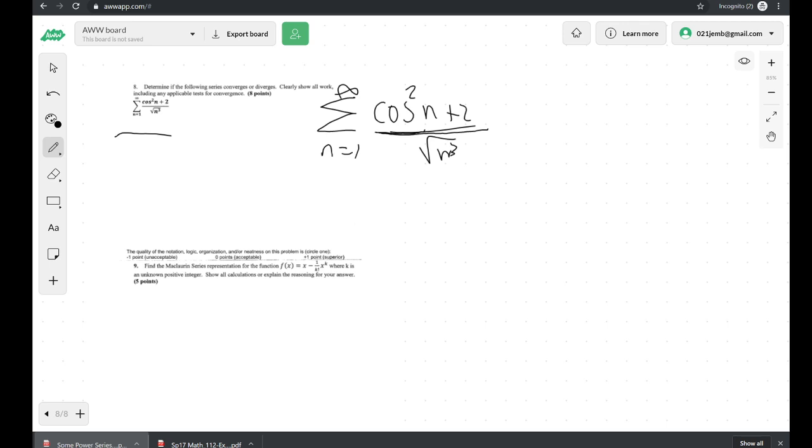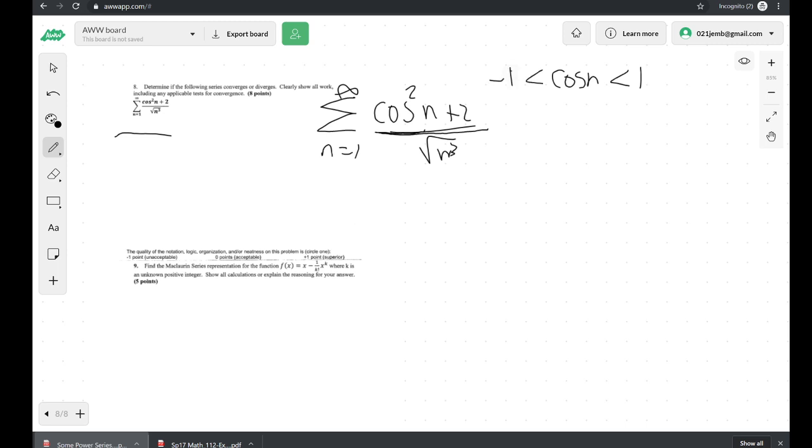If you think about it, what is the maximum value of cosine squared of n? The value of cosine of n will be between 1 and -1, because the maximum is at cosine of 0, which is 1, and the minimum is at pi, which is -1.